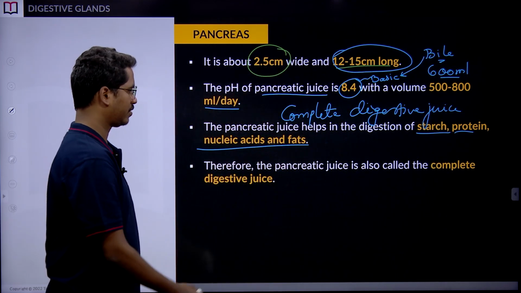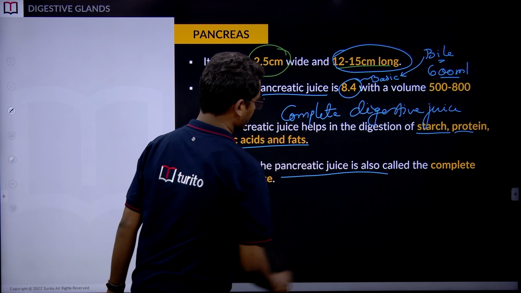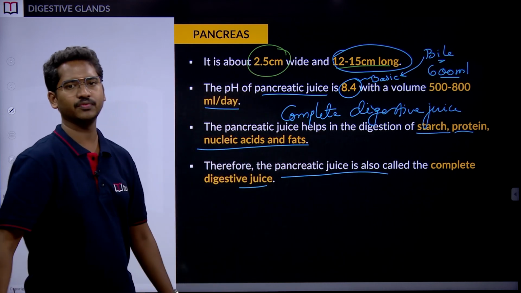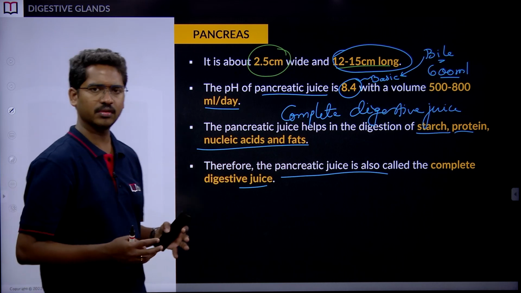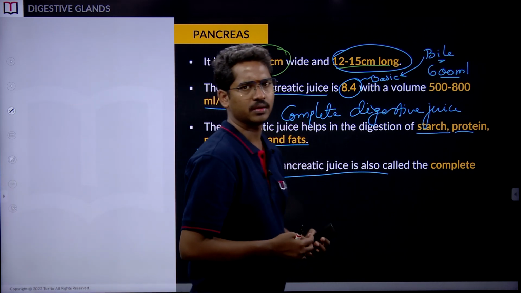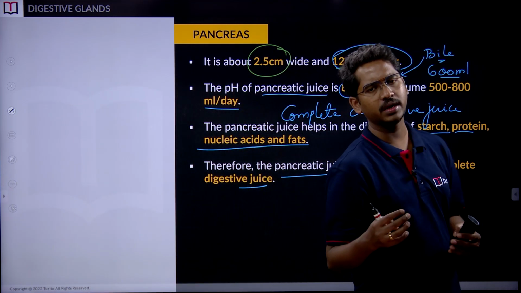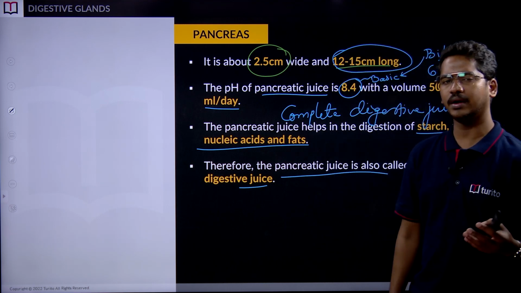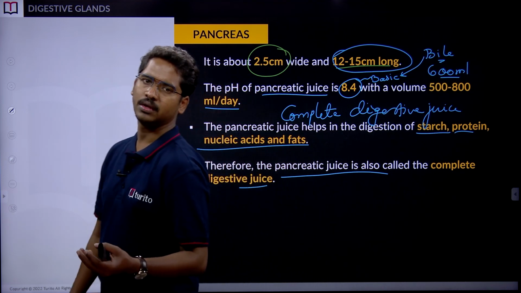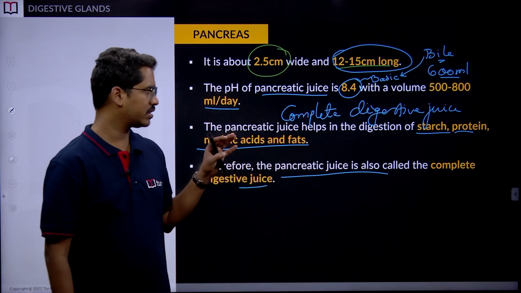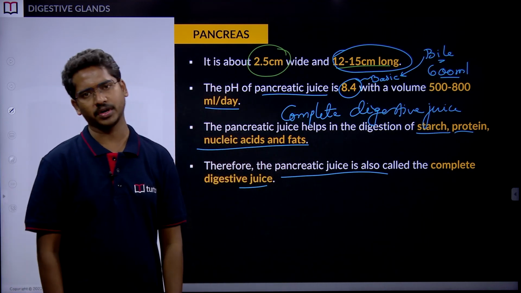Therefore, the pancreatic juice is called complete digestive juice, because it has such a big ability, which you will not find in any other digestive gland, releasing substances having the ability to digest all the three types of food components.